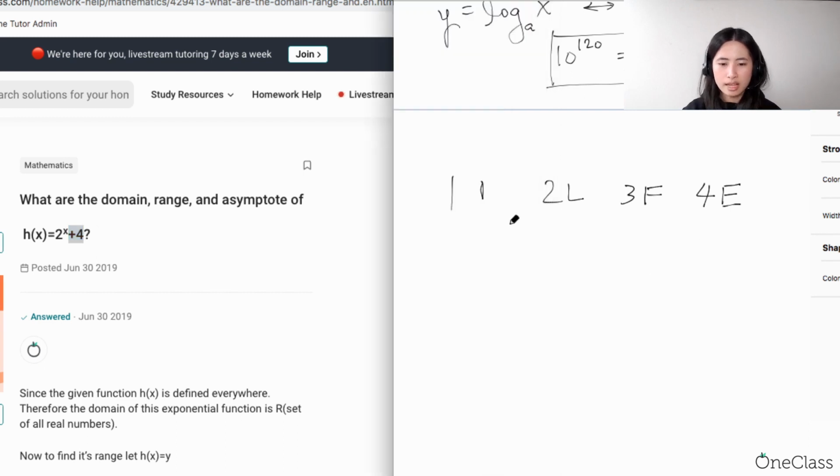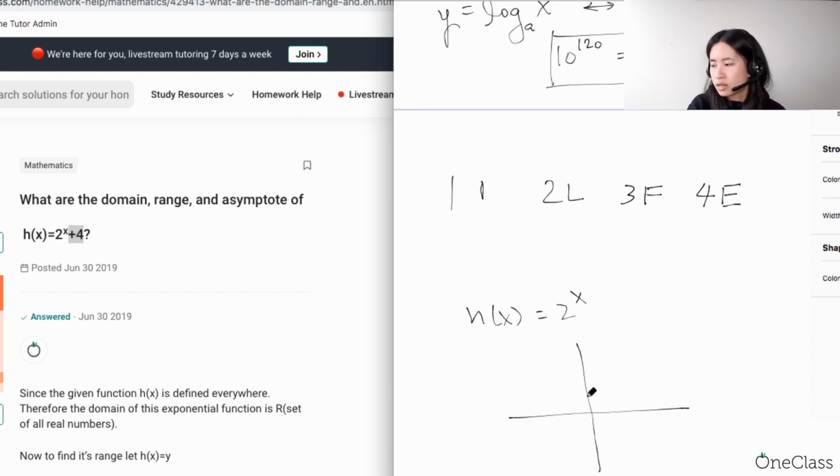That means it's 0 to positive infinity. The reason is that you have a horizontal asymptote at 0 if this 4 didn't exist. So you need to understand your parent function first before you deal with your transformed function.